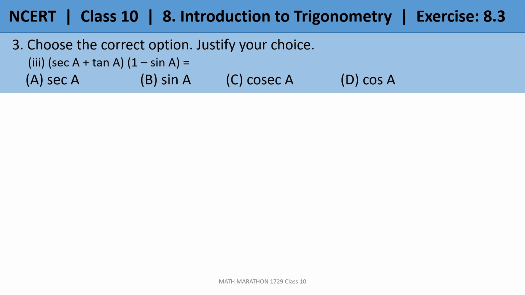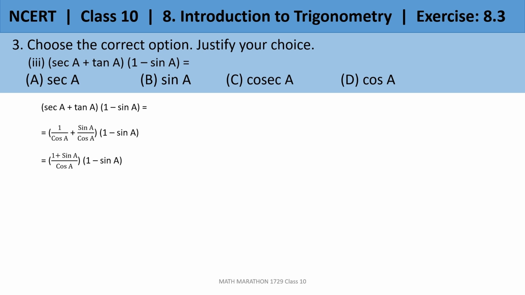Options are: Option A, secant A. Option B, sin A. Option C, cosecant A. Option D, cos A. (Secant A plus tan A) multiplied by (1 minus sin A) is equal to (1 by cos A plus sin A by cos A) multiplied by (1 minus sin A) is equal to (1 plus sin A) by cos A multiplied by (1 minus sin A).